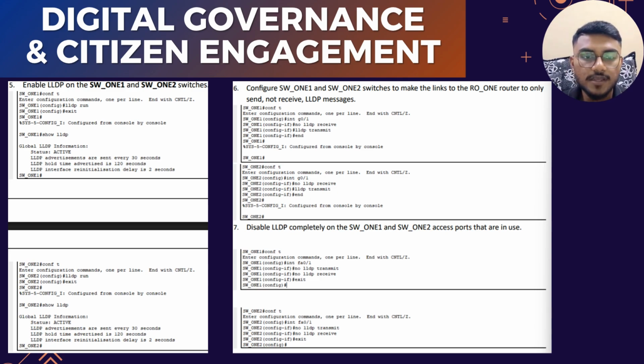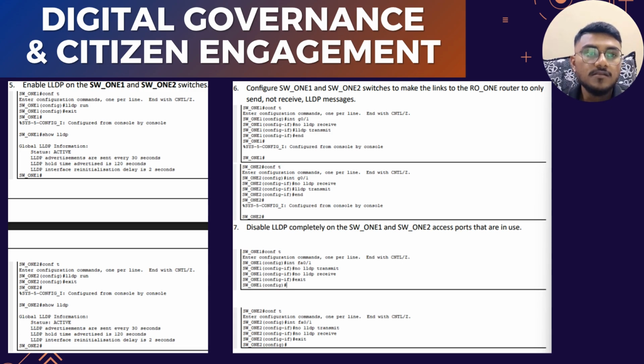To configure it, we start from interface G0/1 on both switches, and then type no lldp receive. It means it won't receive any LLDP messages, and lldp transmit is to send LLDP messages, which we add. By doing this, step 6 is complete.